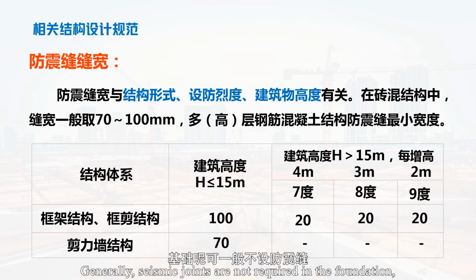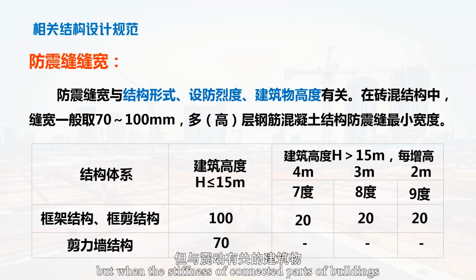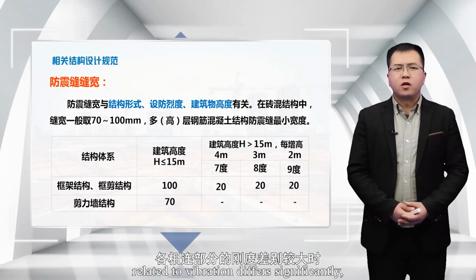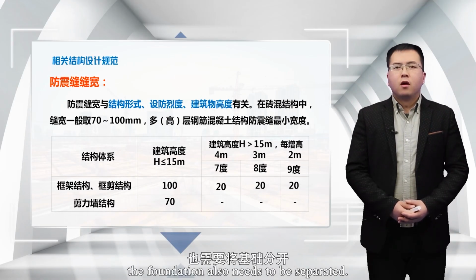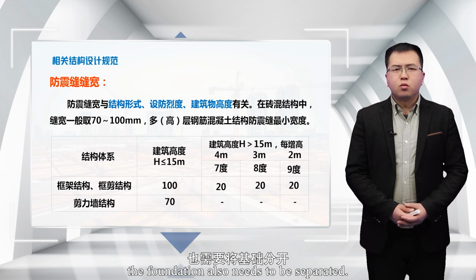Generally, seismic joints are not required in the foundation, but when the stiffness of connected parts of buildings related to vibration differs significantly, the foundation also needs to be separated.